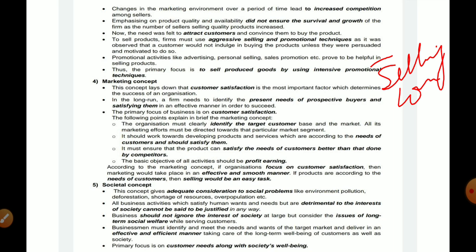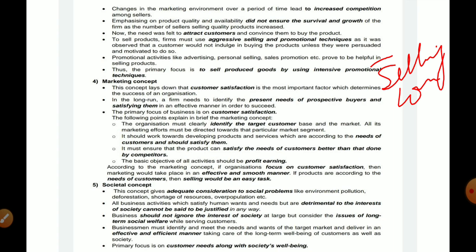Satisfying the need of the customer should be done better than the competitors. And if you are better than your competitors, profit will be earned. So the focus on customer satisfaction ensures an effective and smooth marketing process, and the needs of the customer will be satisfied, which improves the selling of the organization.